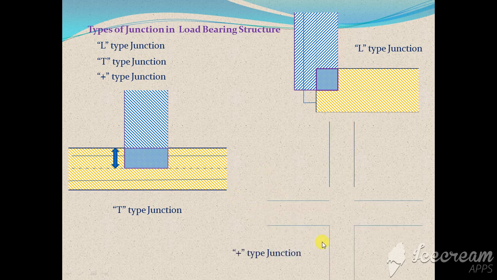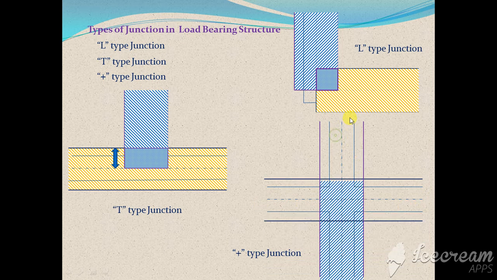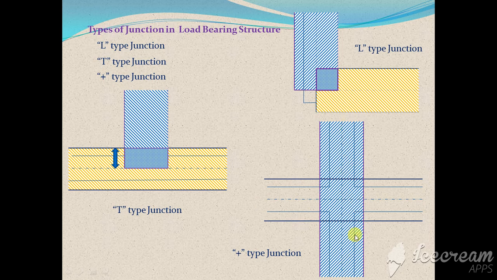Now the next type of junction is the plus type junction, or we can say the cross type junction. This junction arises where two continuous walls cross each other, and in this case when we take the center lines, the measurement will again be end to end. While calculating this wall, the quantity of the shaded area is calculated, and this particular shaded area is calculated again at the time of this length of wall.